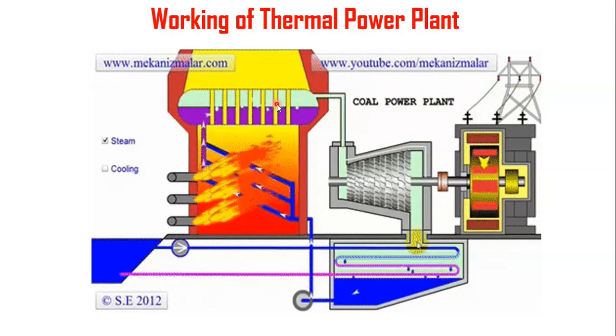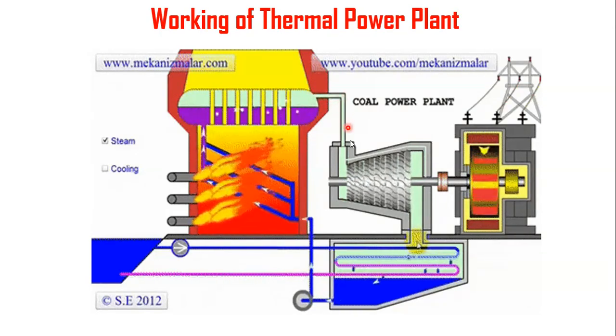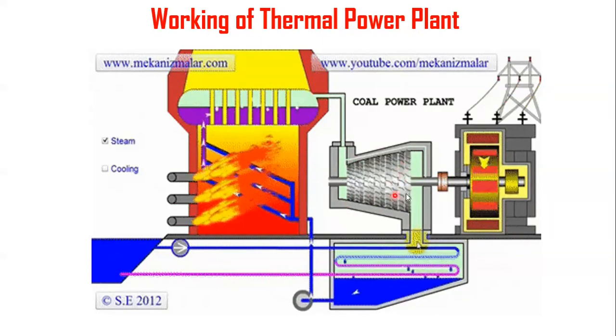That vapor, that steam, is sent to the steam turbine like this. Here the steam turbine will take the steam as input, and it will develop mechanical energy. That mechanical energy is given as input to this alternator. This is an alternator.